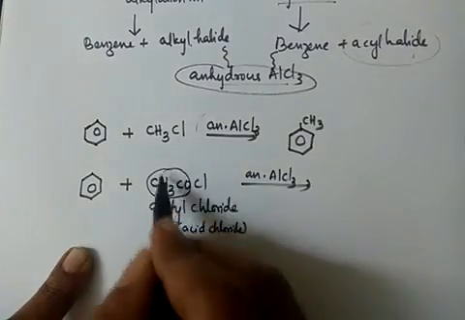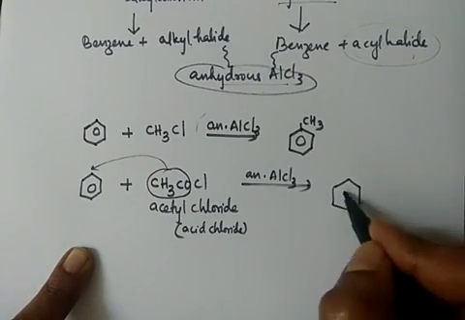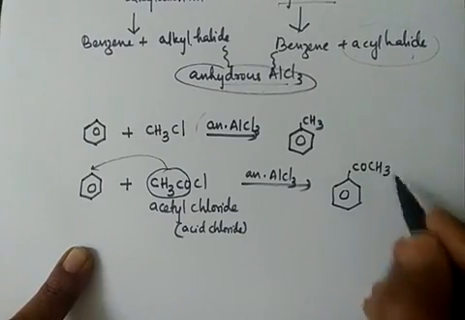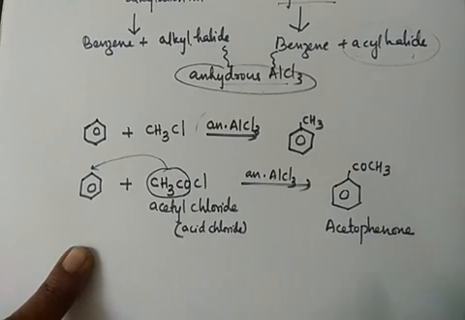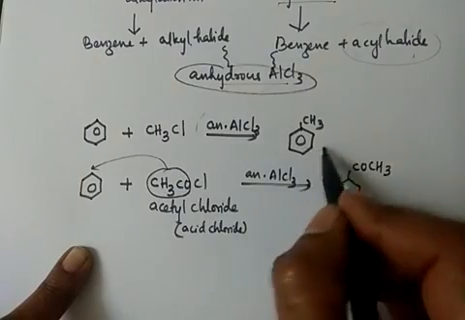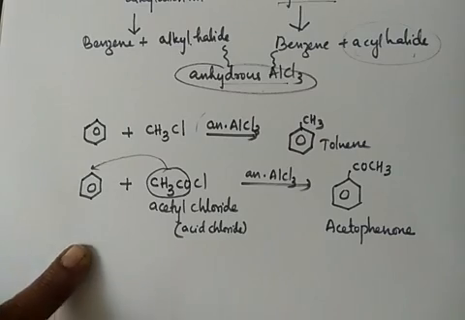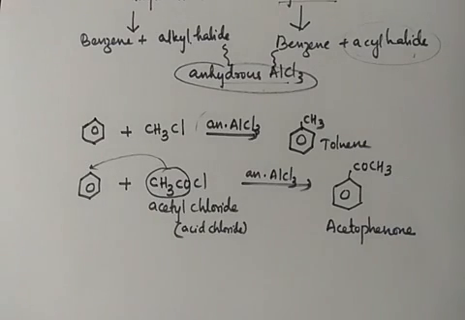Acetyl chloride is an acid chloride. Here the CH3CO group attacks the benzene ring, and the compound formed is acetophenone. A ketone is obtained. Toluene and acetophenone, these are the two Friedel-Crafts reactions. Study these reactions of benzene: nitration, halogenation, sulfonation, and Friedel-Crafts reactions.